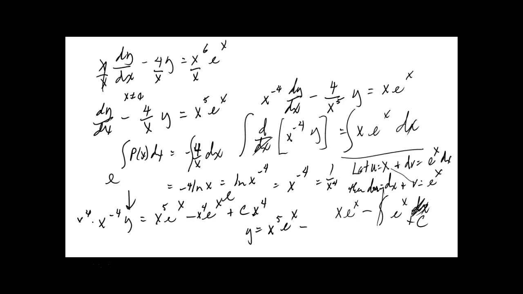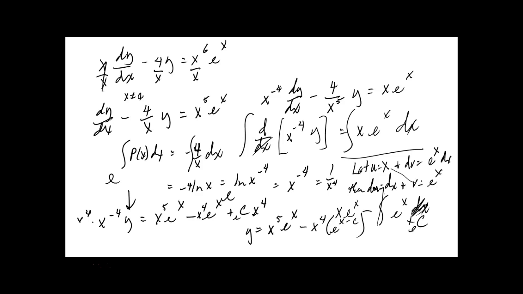If we wrote that as an e to the c, that would be x to the fourth times e to the x minus c. Is that any better? I don't know. We're running out of time. In fact, we're out of time. It doesn't matter at the end of the day, right? It really doesn't.